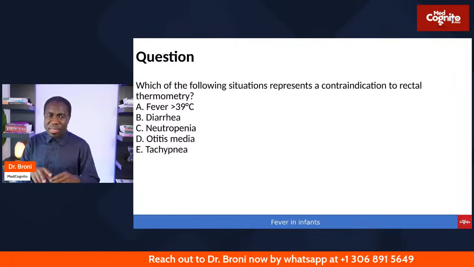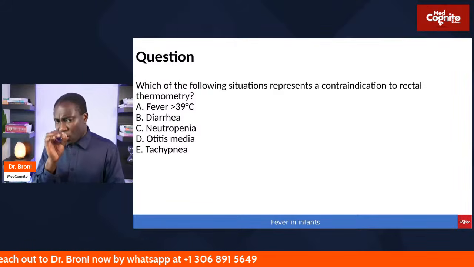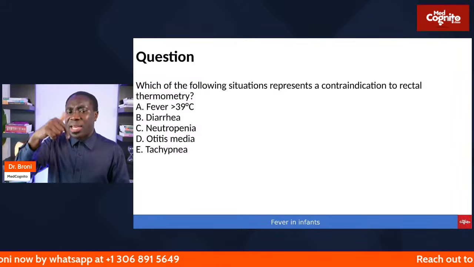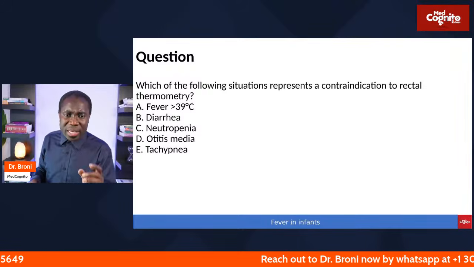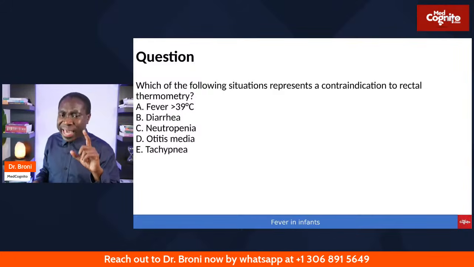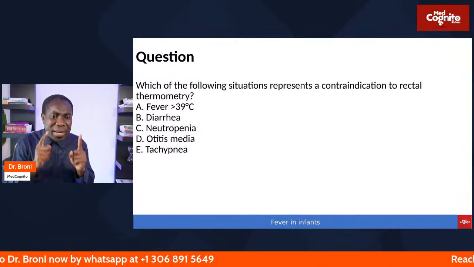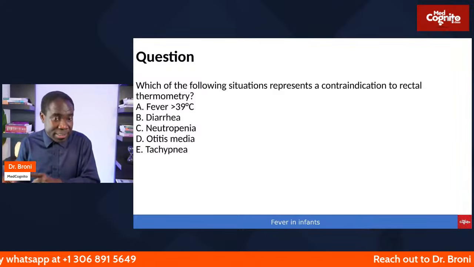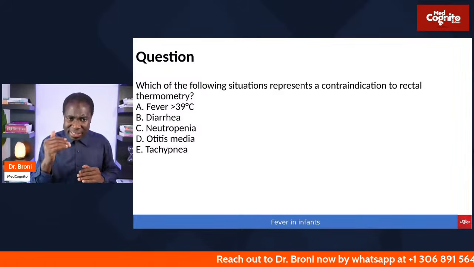Now that you've told me that rectal temperature is the best way to measure core temperature, I need you to help me with this one. Which of the following situations represents a contraindication for rectal temperature measurement? This one you must know. Is it fever more than 39 degrees Celsius? Is it diarrhea?